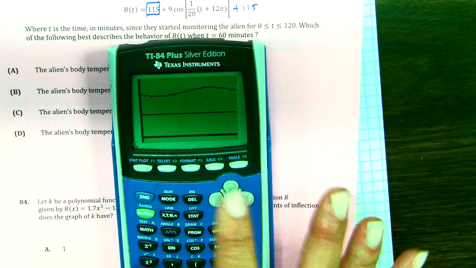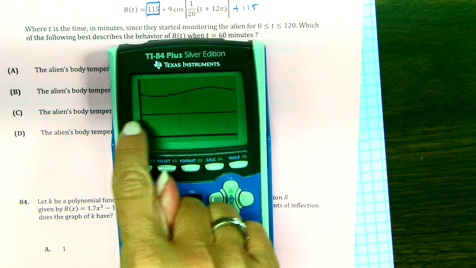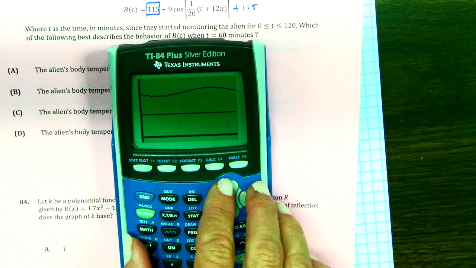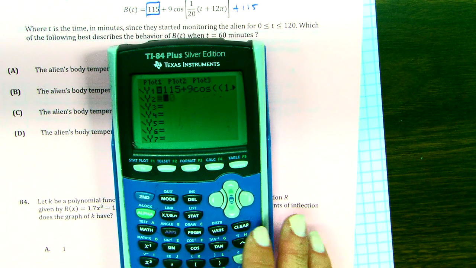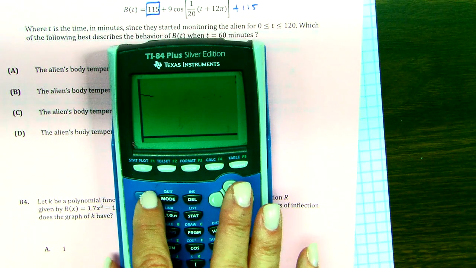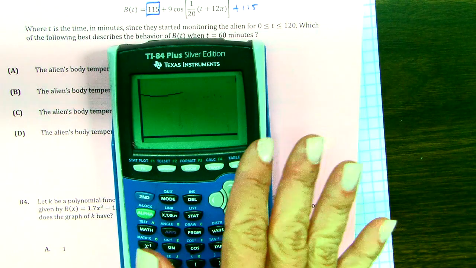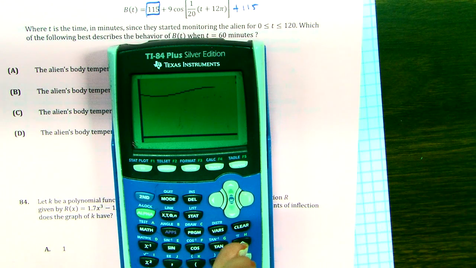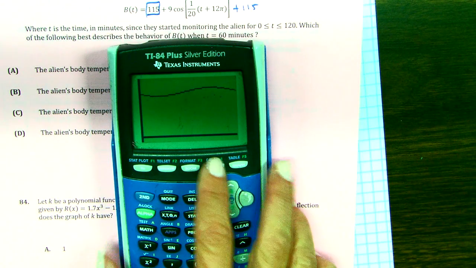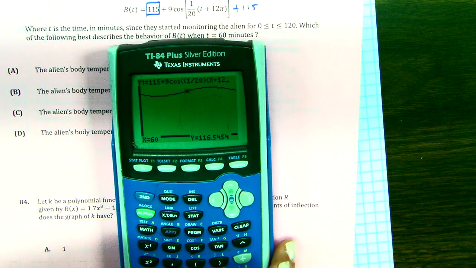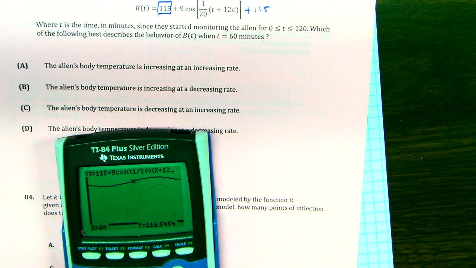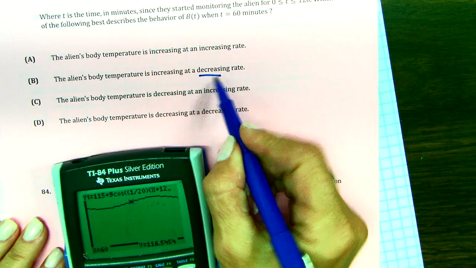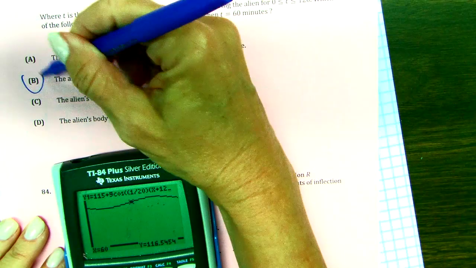So what is happening at 60 when it finally gets up there? Do you think it is increasing or decreasing there? We're increasing, right? We're on the up slope. So we're increasing, and it's concave what? Concave up or down? Down, so that's decreasing. We're increasing at a decreasing rate.